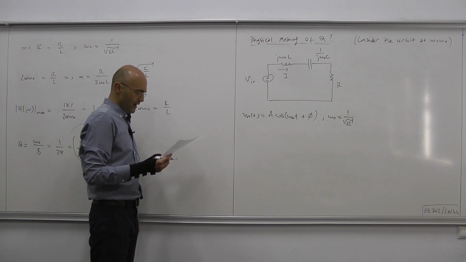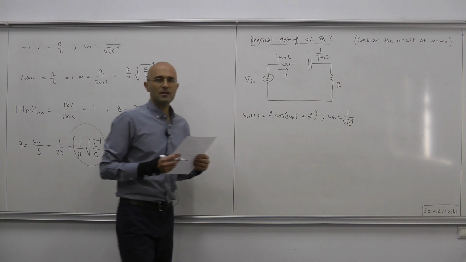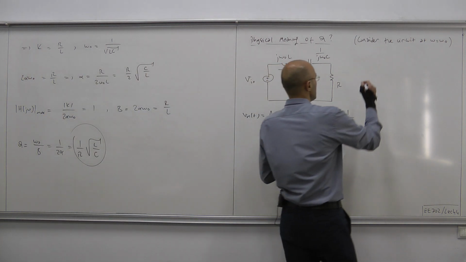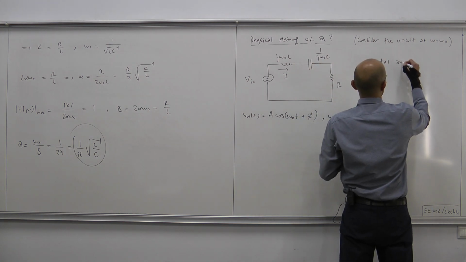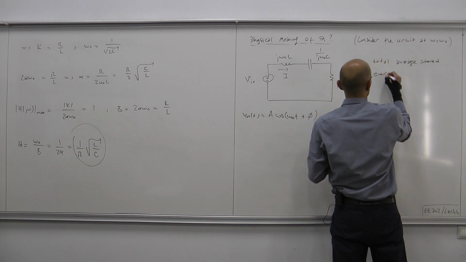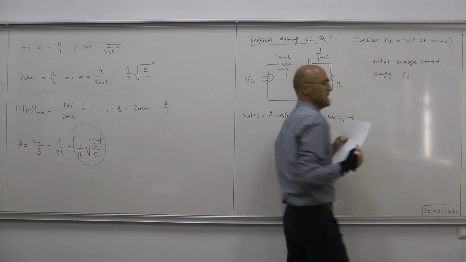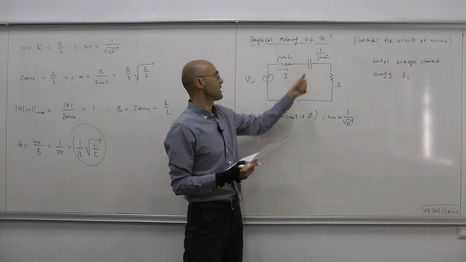Now let's compute the total average stored energy at this particular frequency in our circuit. Let's call it ES. We have two energy storing elements in our circuit, the inductor and the capacitor.